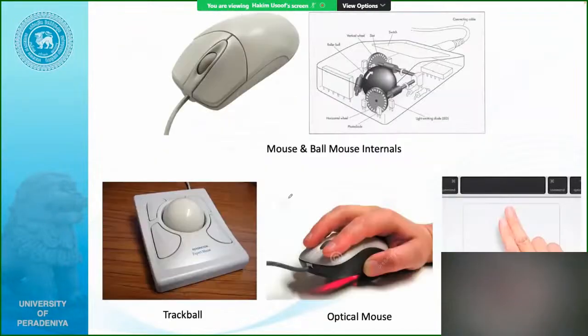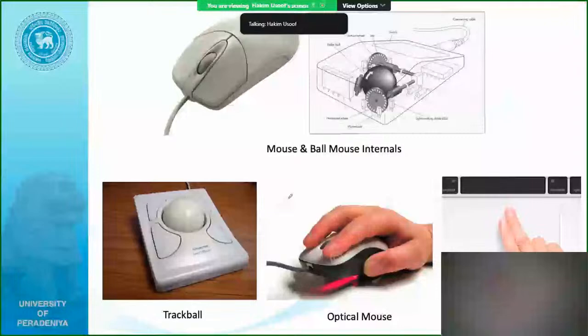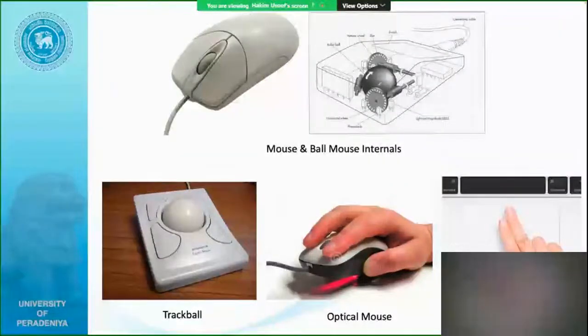And the next device is called the pointing device or the pointer device, right? During our time, we had what's called the ball mouse, right? It had a ball covered in rubber and two wheels that used to rub against it.